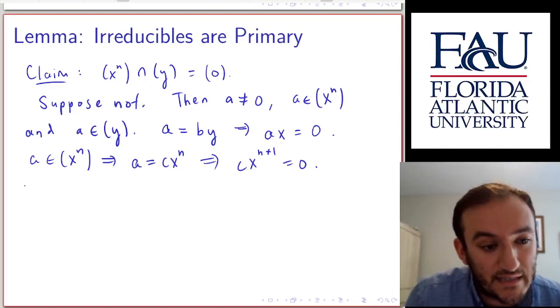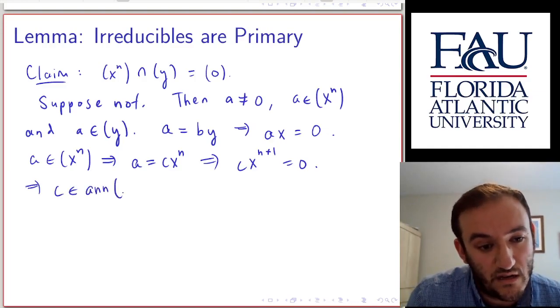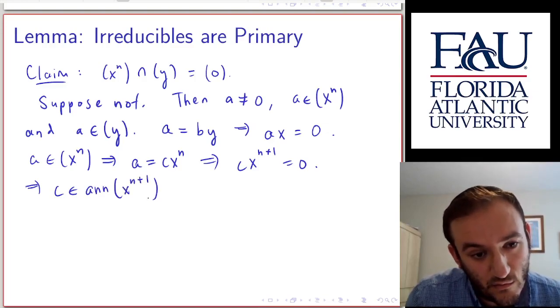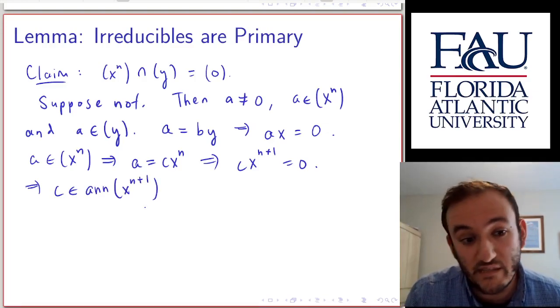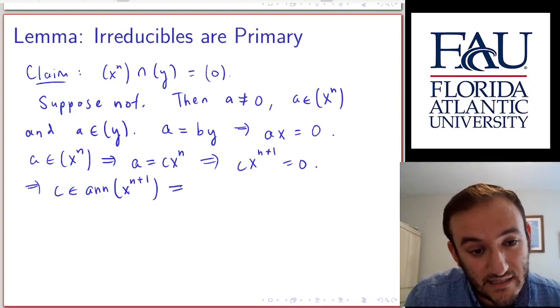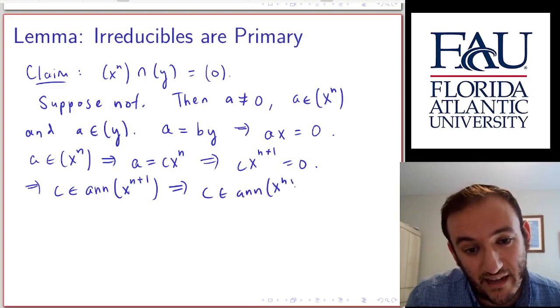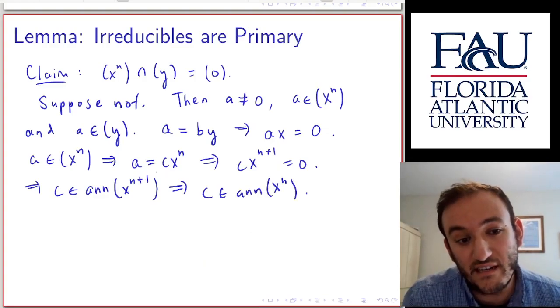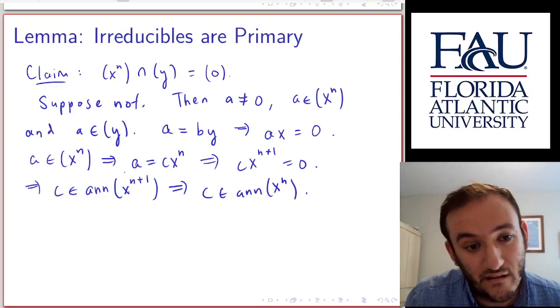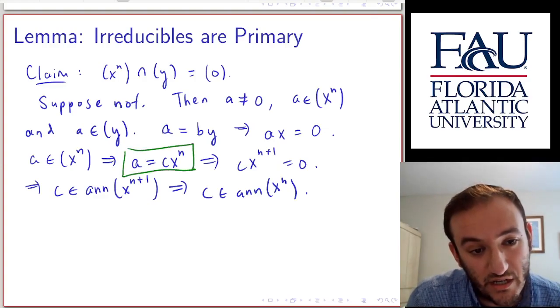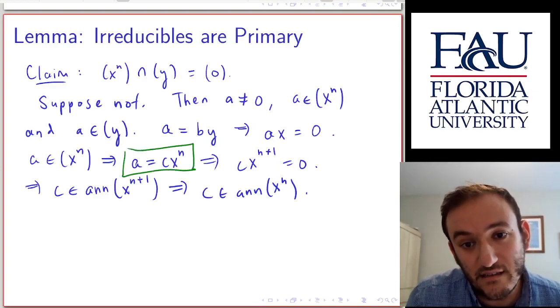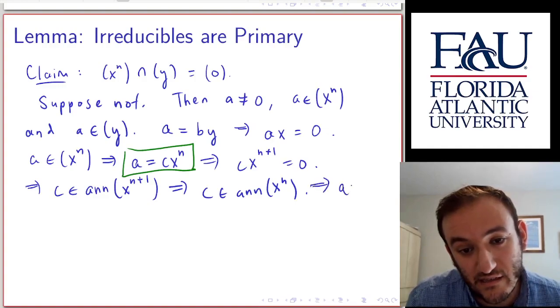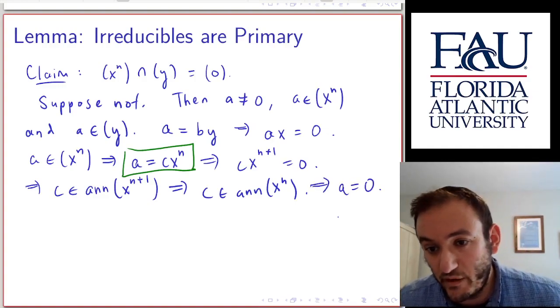But that means that c is in the annihilator of x to the n plus 1, which, by what we observed on the last page, tells us that c is in the annihilator of x to the n. But if c is in the annihilator of x to the n, then this equation tells us that A is equal to 0. Okay?